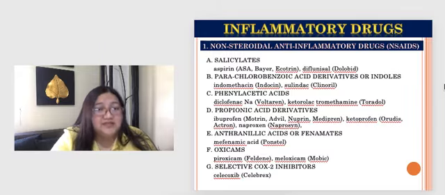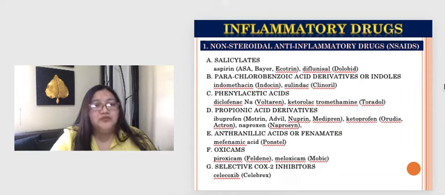Phenylacetic acids, diclofenac sodium, ketorolac, itong mga NSAIDs na ito, pwede niyang maging ka-level yung potency halos ng morphine. Okay? But not totally the same level. Pero kaya niya ang severe pain. In fact, kaya niya yung mga post-op pain. Okay?